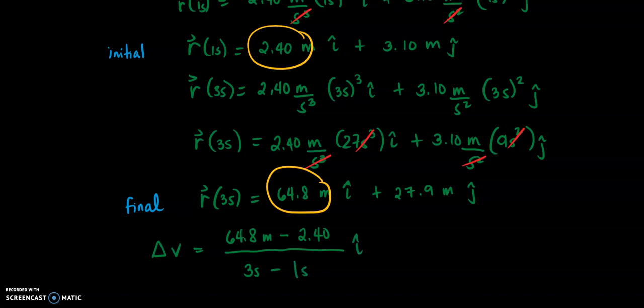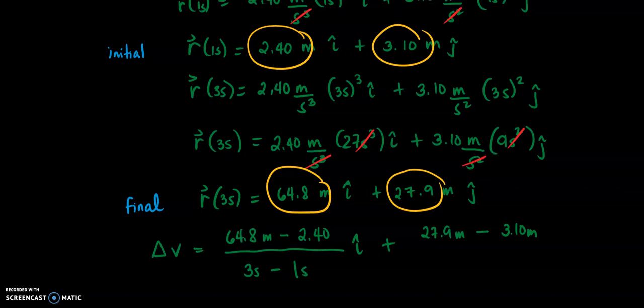This is i hat, plus 27.9 meters minus 3.10 meters. These are the values, 27.9 and 3.10. And divided by 3 seconds minus 1 second, j hat.